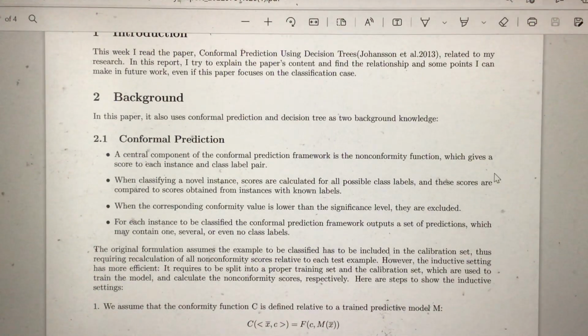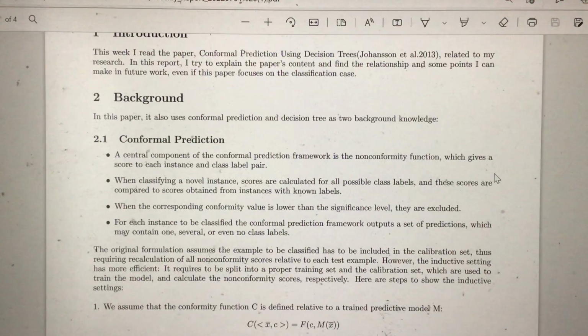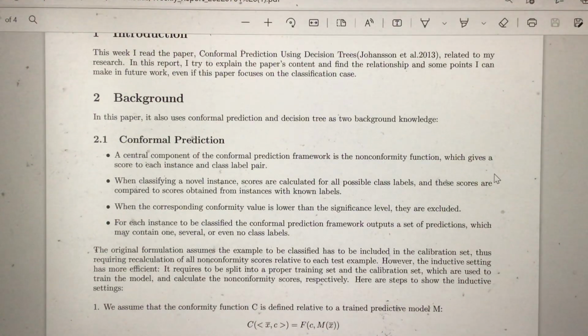The central component of the conformal prediction framework is the nonconformity function, which gives a score to each instance and class label pair. When classifying a novel instance, scores are calculated for all possible class labels, and these scores are compared to scores obtained from instances with known labels.